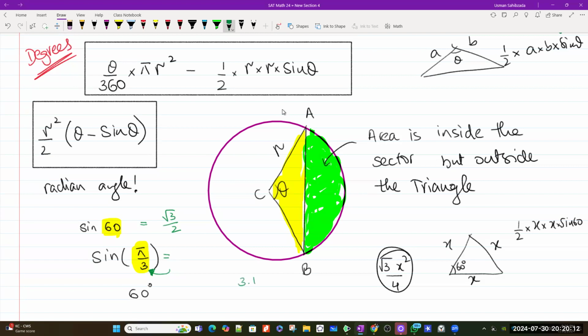It thinks that you're feeding it 3.142 divided by 3, a small angle, a 1 degree angle. Instead, you are feeding it radians. So you've got to change the mode of your calculator to radians. So you change the mode, rad mode, and then you find this out, and it would also return you root 3 over 2.